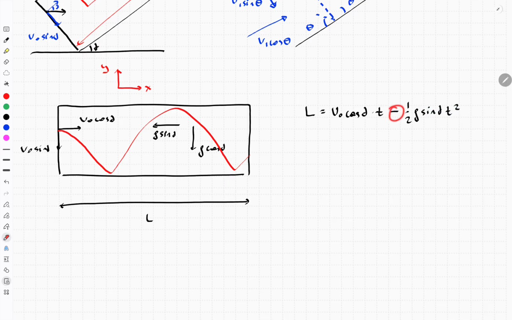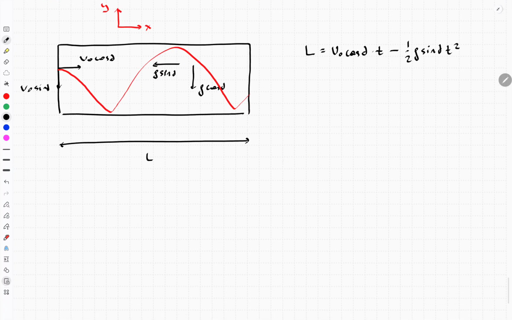Here we have a negative sign because g sine alpha is opposite to x. So in this equation, if you pay attention, we have only one unknown, time, so we can solve it.